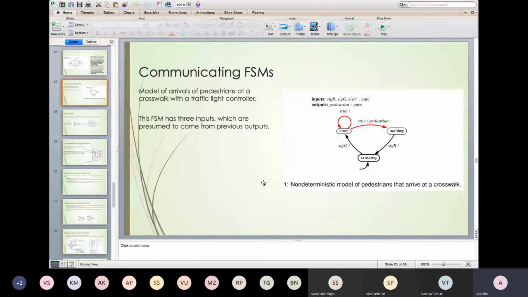But this part is not very deterministic, right? Because it is not easy to model at what interval or which transition condition you will give to make this transition from none to waiting. So this leads to very much non-determinism.